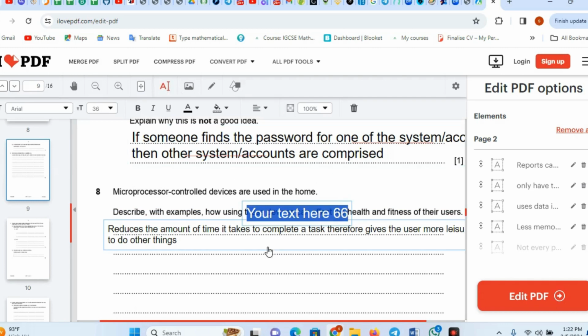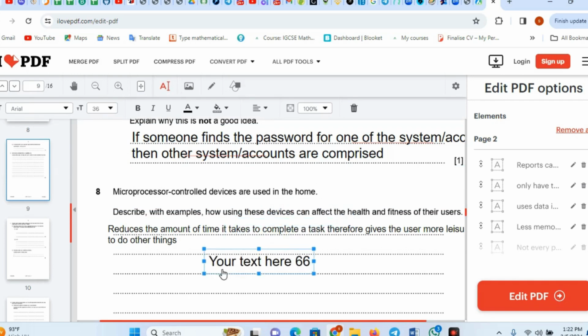two, when you are using this microprocessor, the user does not need to be present when the device is working. The user does not what? The user does not need to be present when the device is working.